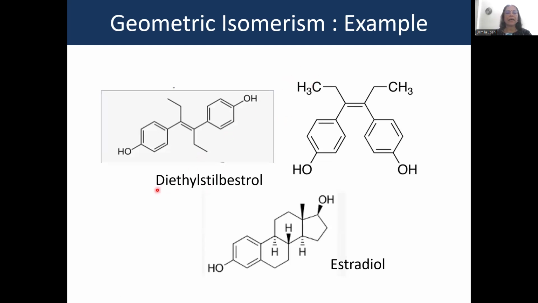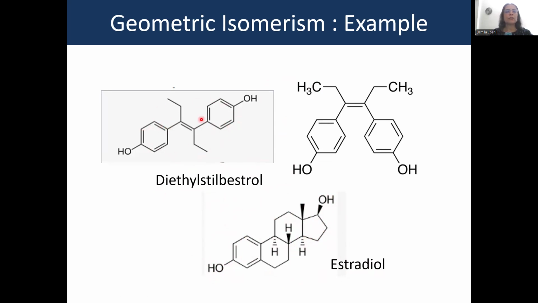Same thing in case of diethylstilbestrol. Diethylstilbestrol binds to the estrogen receptor. The estrogen receptor binds estradiol. Now look at the structure of diethylstilbestrol and estradiol. There are two OH groups, and these two OH groups are attached to the ring system, which cannot rotate very easily.